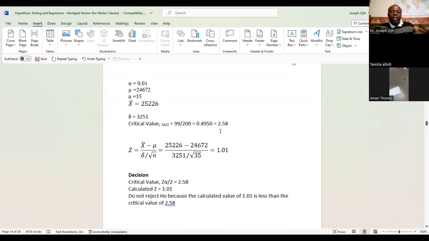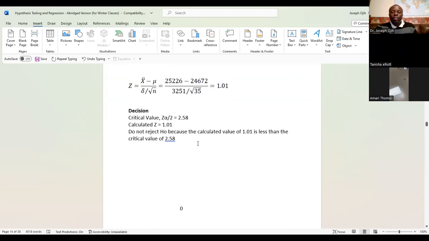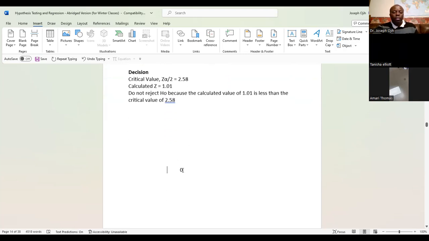If it's on the negative side, that means negative 2.58, and you use the absolute value, which is 2.58, to make a decision. In this case, we do not reject. Since the critical value is 2.58, it can be negative 2.58 on the left side, and 2.58 on the right side.